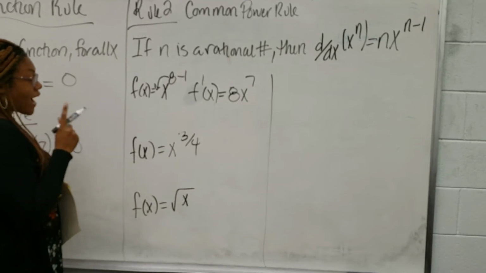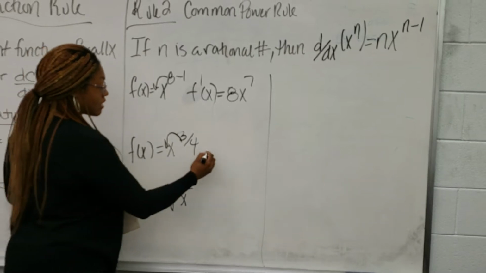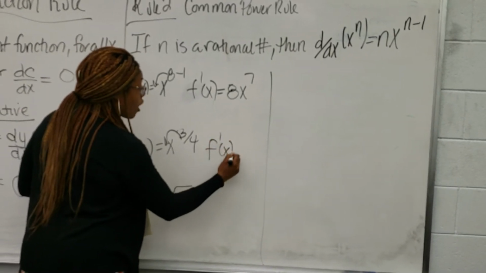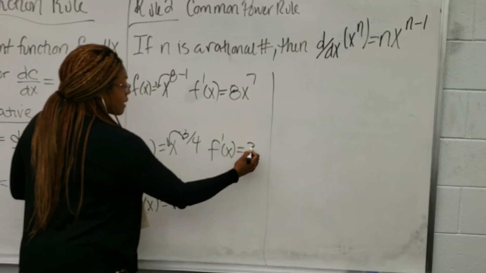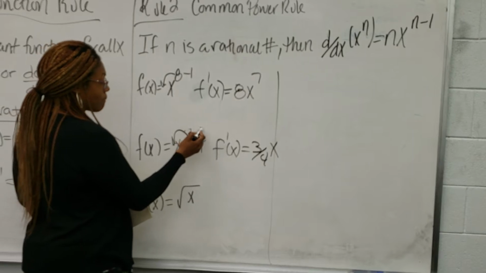Even when we have fractional exponents, such as 3/4, we will move it to the front, and that will become f prime of x. You always want to label. This will become 3/4 x, and then we need to subtract our exponent by 1.